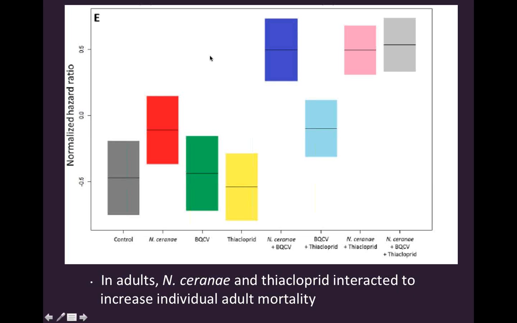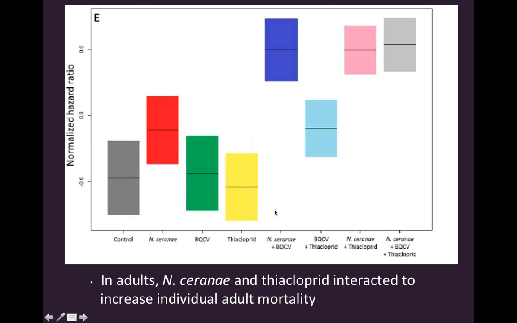And so in adults, here, I don't know if you've seen in the green industry what is known as the hazard ratio. So it's just a number. It doesn't have any units, and it just kind of allows you to compare how hazardous a chemical is, all else being equal in industry or in a test. So here we have colonies that were controls, so colonies that did not have exposure to either Nosema or black queen cell virus or thiacloprid.